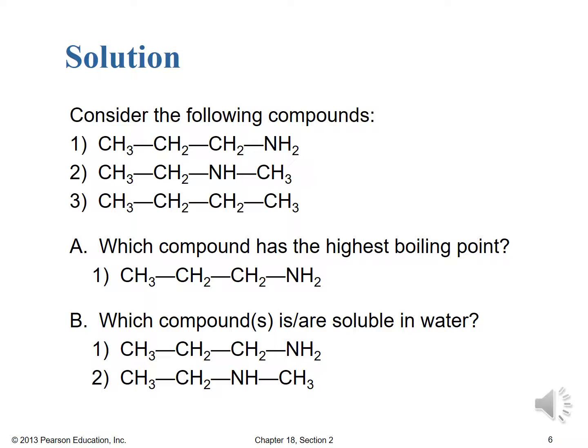For B, we're asked which compound is/are soluble in water. Well, both amines would be because they're small amines, 3 carbons total for the amines in number 1 and 2. So even though number 2 is a secondary amine, because it's a small secondary amine, it should still be pretty soluble in water. The alkane, of course, no water solubility, so to speak.